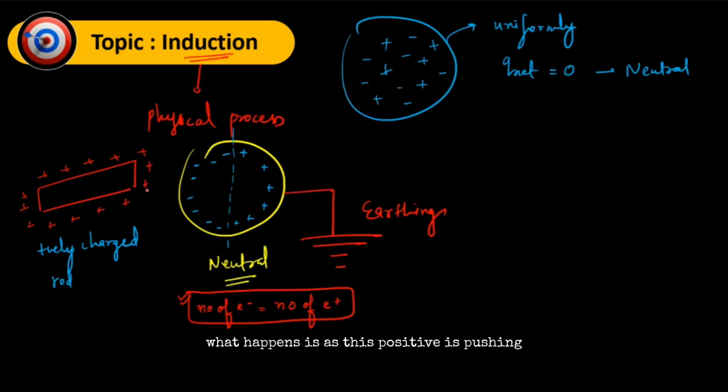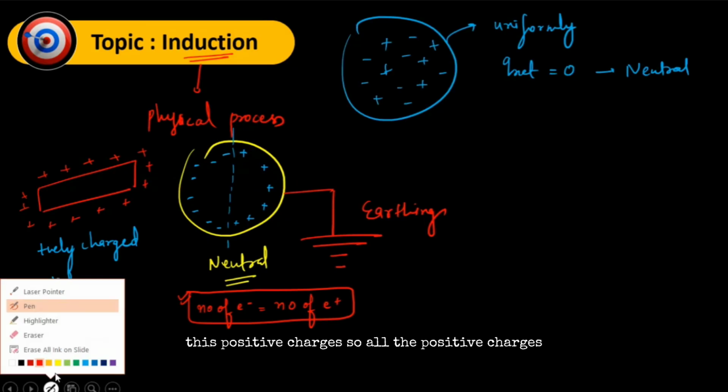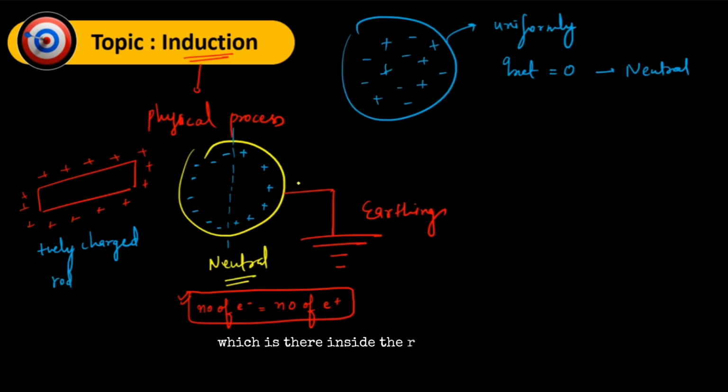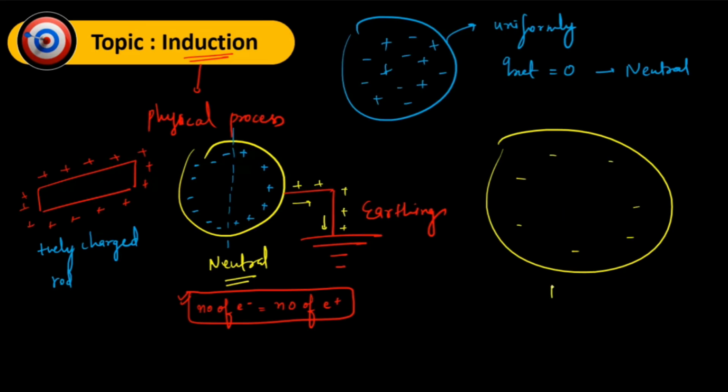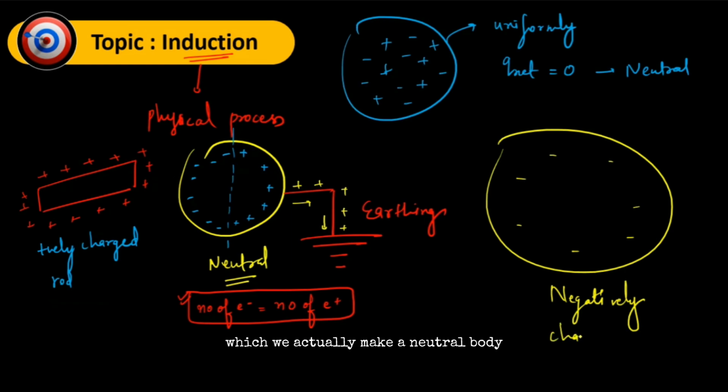Now, as this positive rod is pushing these positive charges, all the positive charges inside the conductor will start moving towards the earth. And ultimately, we'll have a negatively charged conductor. This is the process of induction through which we make a neutral body a negatively charged one.